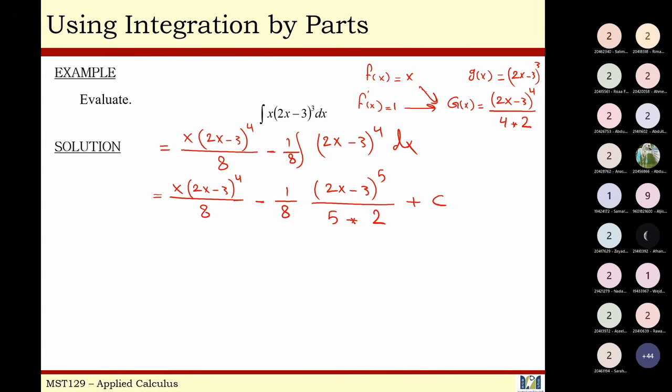This is again by substitution. X (2x minus 3) all to the power 4 over 8 minus (2x minus 3) all to the power 5 over 5 multiply 8, 40, plus c.